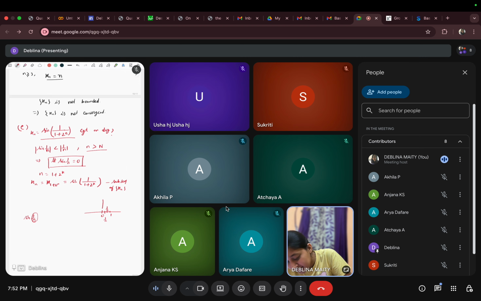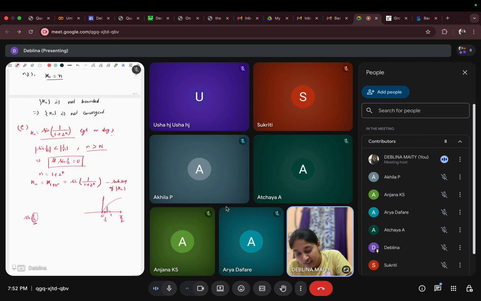So how does sine x look like? It is 0, and there is some pi by 2. So 0 to pi by 2 is 1. So it is something like this, right? And we are taking the values in positive, 1 by n.